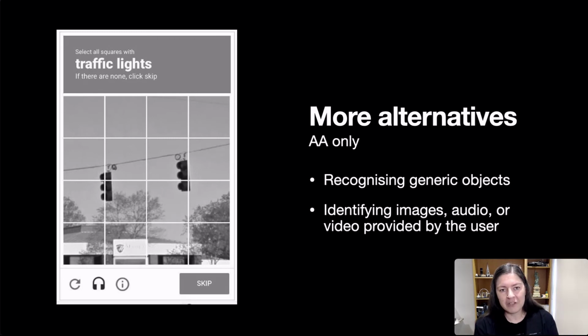The other option that you can do for authentication at AA level, but not AAA, is provide a test where you ask the user to identify an image, an audio, or a video that they themselves have provided in the past. So you could pop up 5 profile pictures and ask them to pick their own, for example.